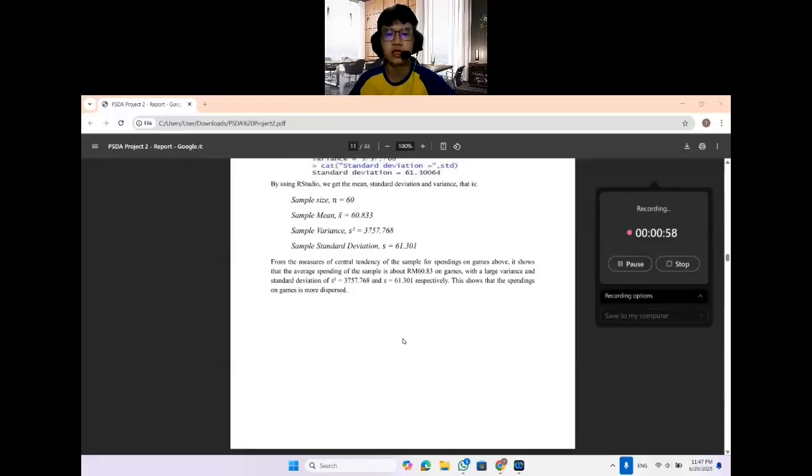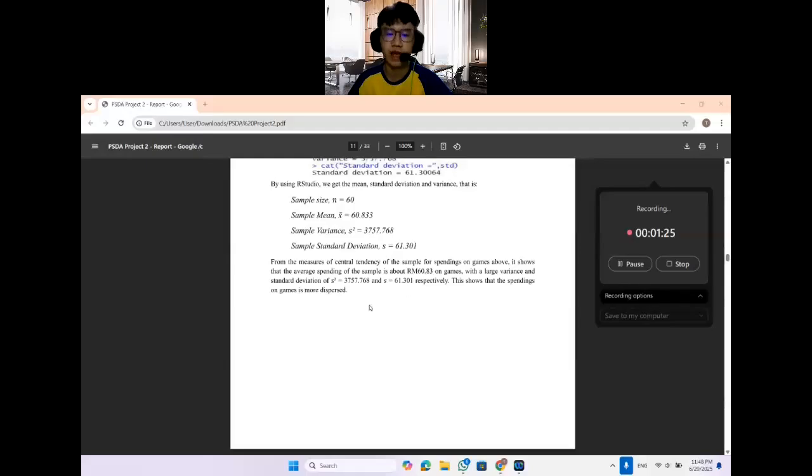This measures the center of the sample for spending on games: the average is 60.83, and with the variance and standard deviation we get 3757.768 and a sample standard deviation of 61.301.